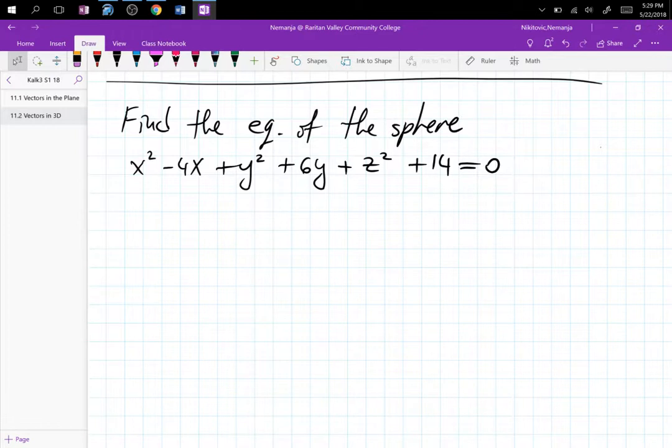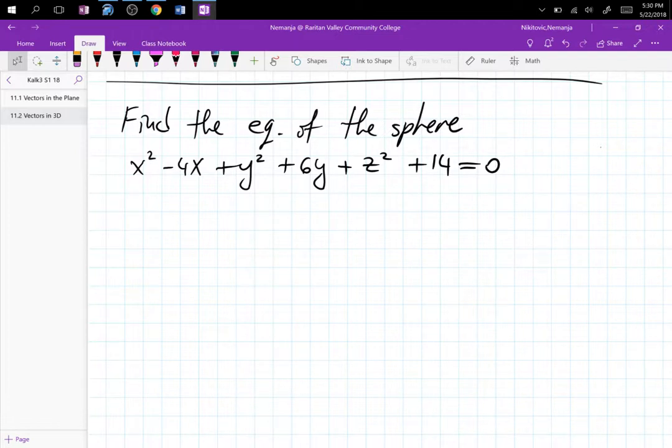Yeah, but let's see the standard form, because you don't really know the center or radius. You just know it's a sphere, because you see positive x squared, positive y squared, positive z squared. So yeah, it's a sphere.